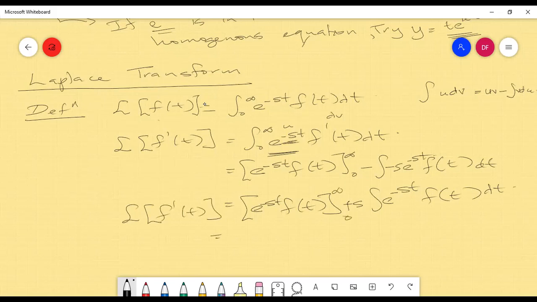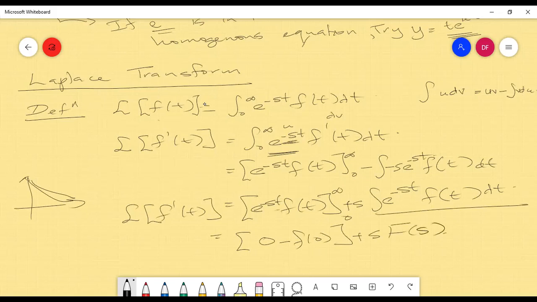Now when you plug in infinity in an exponentially decaying function, that is going to be 0, because the function is going down like that. As time passes, it gets closer and closer to 0. So this part is 0. And when you plug in 0 for t, that gives 1. So therefore that's going to be minus f of 0 plus s, and this now becomes the definition of the Laplace transform.